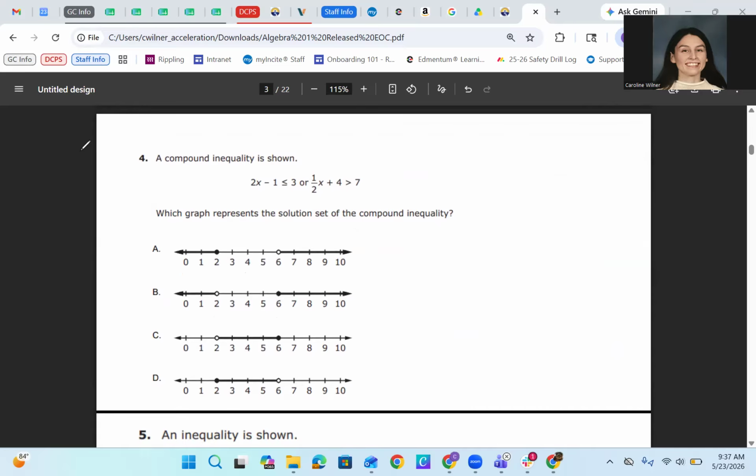All right, so this says the compound inequality is shown. Which graph represents the solution set of the compound inequality? So with compound inequalities, that means you are solving two different inequalities. Now, compared to the last problem, we had x's and y's. For this one, we just have an x.